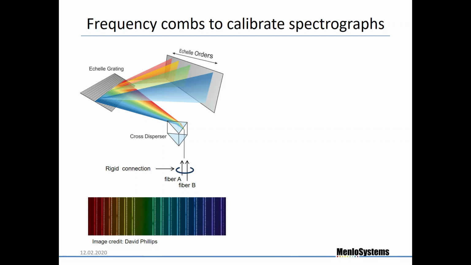Here is how you can use a frequency comb for that. The telescope collects the light of a star and puts it into a multimode fiber, and the fiber will be coupled to an Echelle spectrograph. That's basically a grating spectrograph with an Echelle grating, a ruled diffraction grating that works in very high diffraction orders.